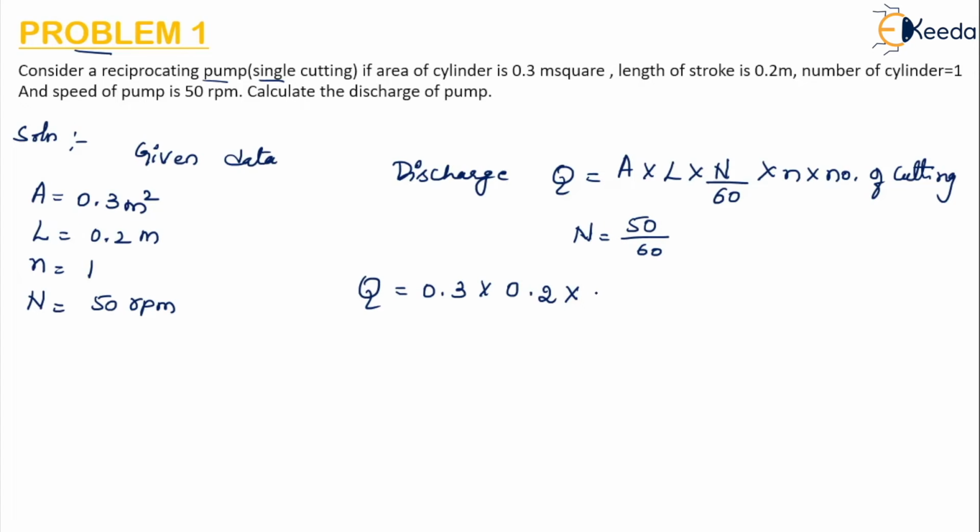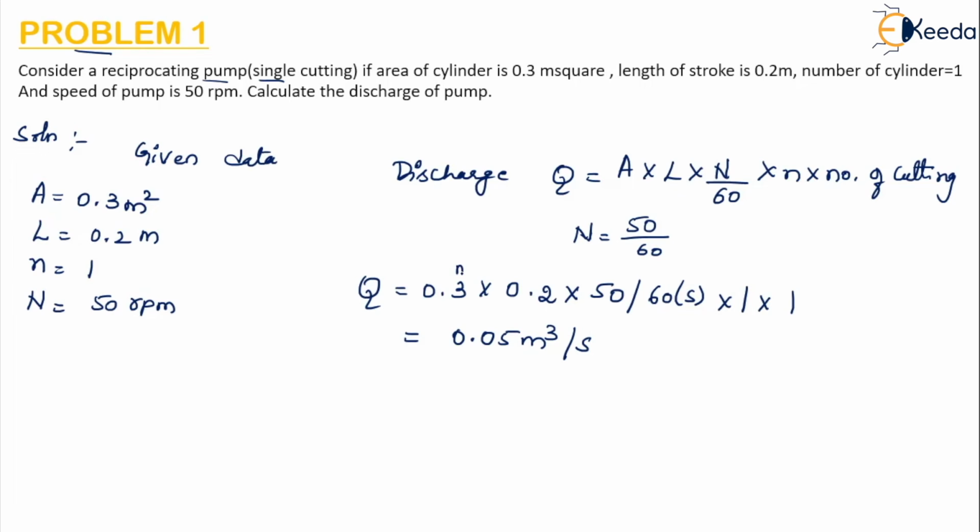So we will write it as 50 divided by 60. It is nothing but we are converting this RPM, that is revolutions per minute, into revolutions per second. Into number of cylinders, small n, that is 1, into number of cuttings, also 1. So when you multiply these, we will get the answer as 0.05 meter cube per second.